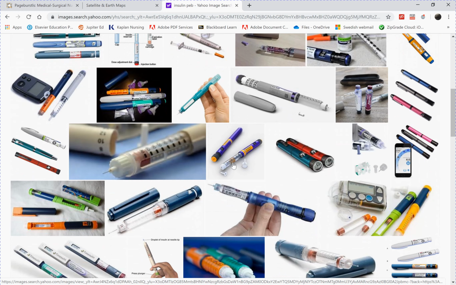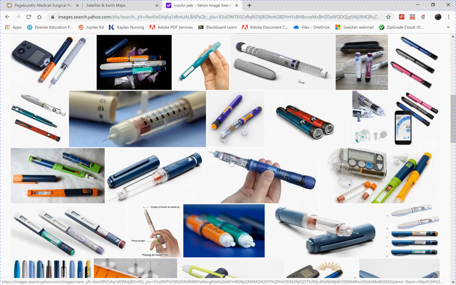Since you can't displace air in this thing, because it has a rubber stopper and not a solid base, not a solid bottom, you will create a vacuum inside. So there will be an air bubble created inside if you draw insulin from it.